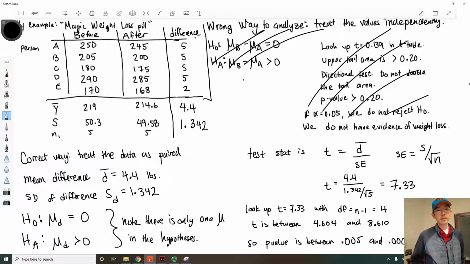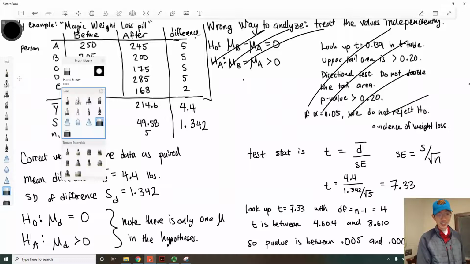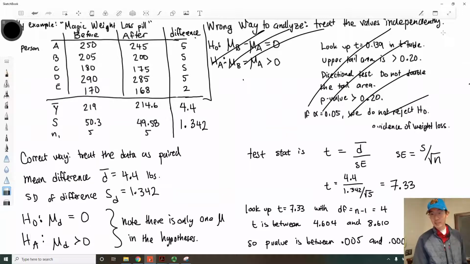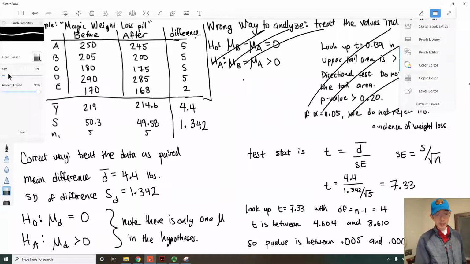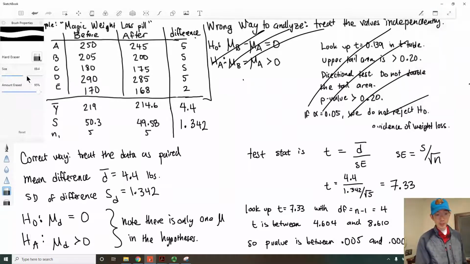All right. I could just apply the eraser. Here's my, I don't know why this is not, okay, brush, eraser, oh, I could have done that.